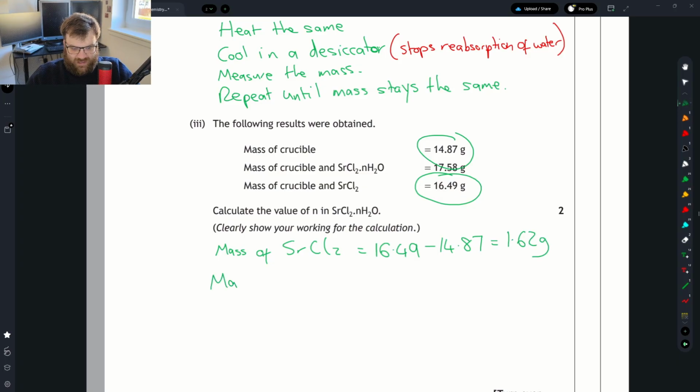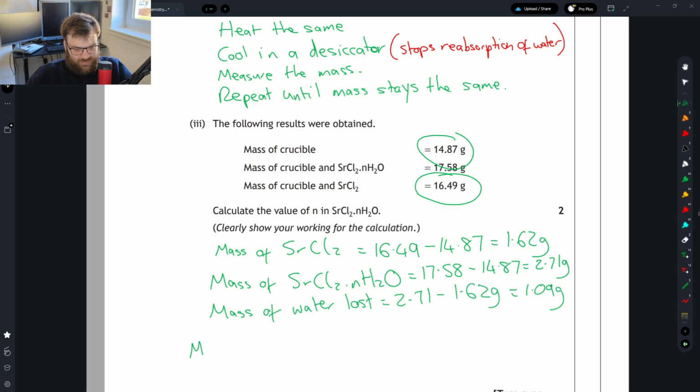And if we work out the mass of SrCl2 with the water, again, that'd be 17.58, take away 14.87. This is 2.71. And that means that the mass of water lost is those 2 new numbers taken away.